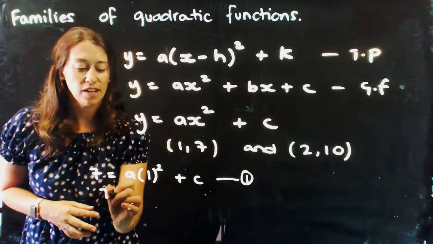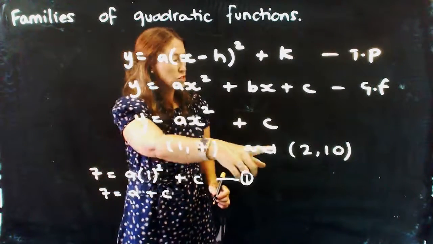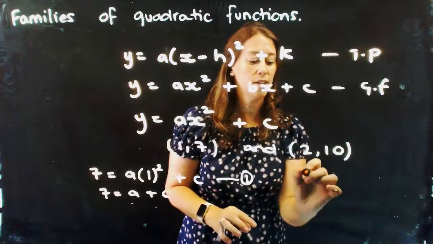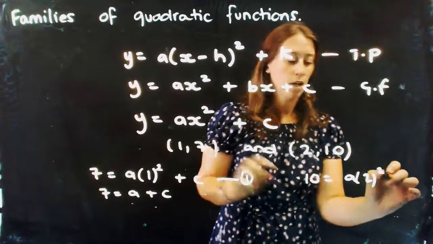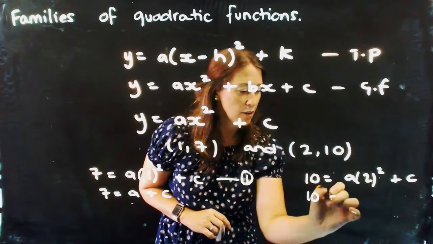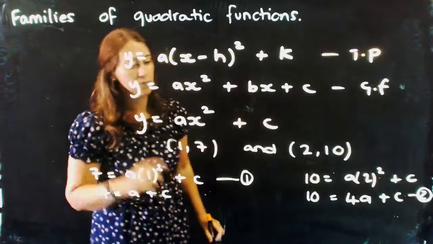Simplifying that just gives me 7 equals a plus c. Right, let's do equation 2. I'm going to use the information where y is 10: 10 equals a times 2 squared plus c. Again, that simplifies to 4a plus c, and that's our equation 2.